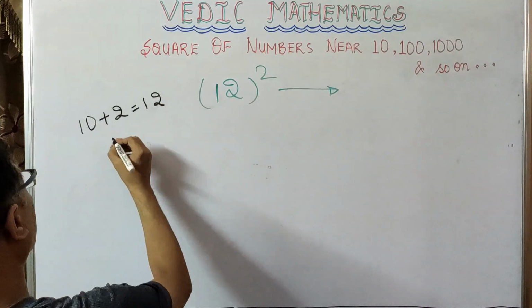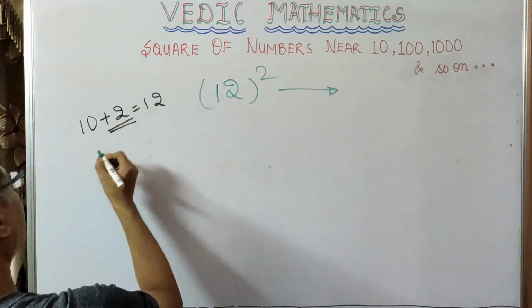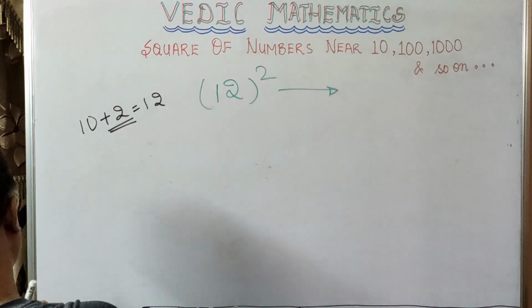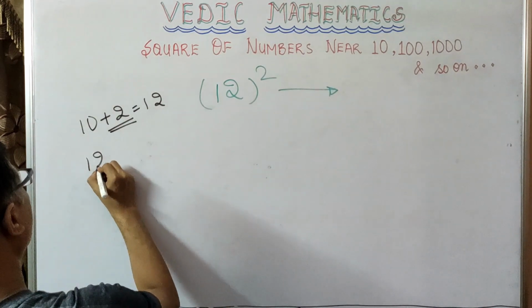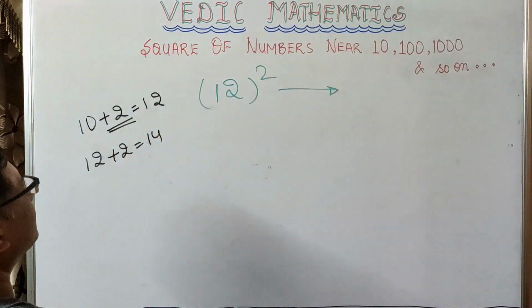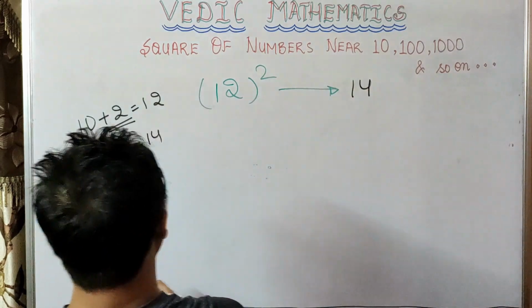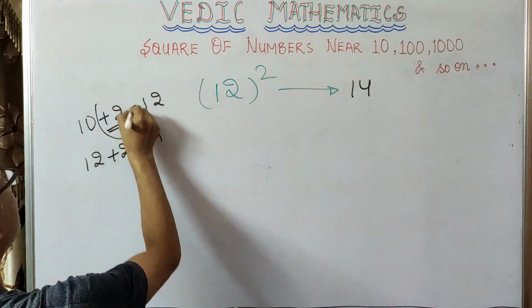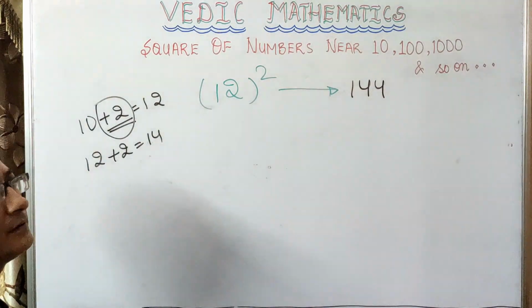So this is plus 2. Now you have to add because here the symbol is plus 2. So the first part of your answer will be 12 plus 2, 14. So you will have 14. Then for the second part of your answer, square this, you get your answer.